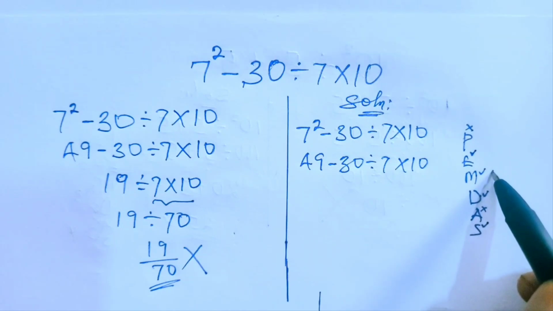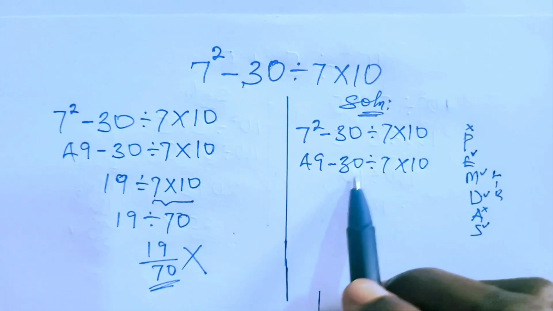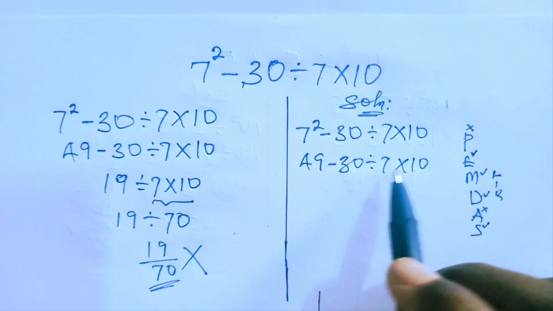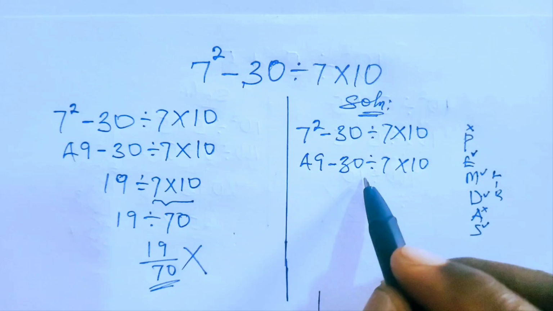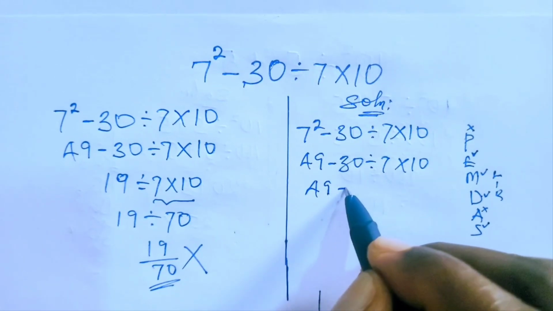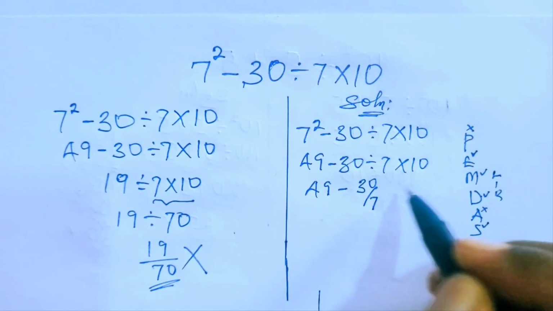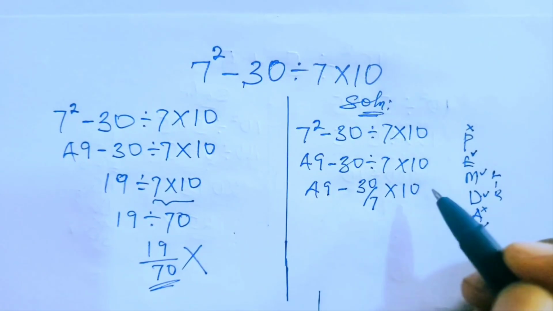We move from left to right, and as such, we have division first. This division can also be expressed as 49 minus 30 all over 7, multiplied by 10.